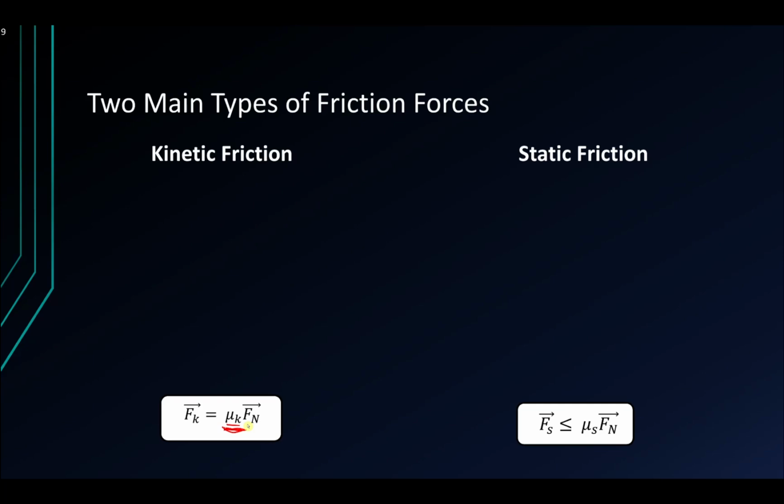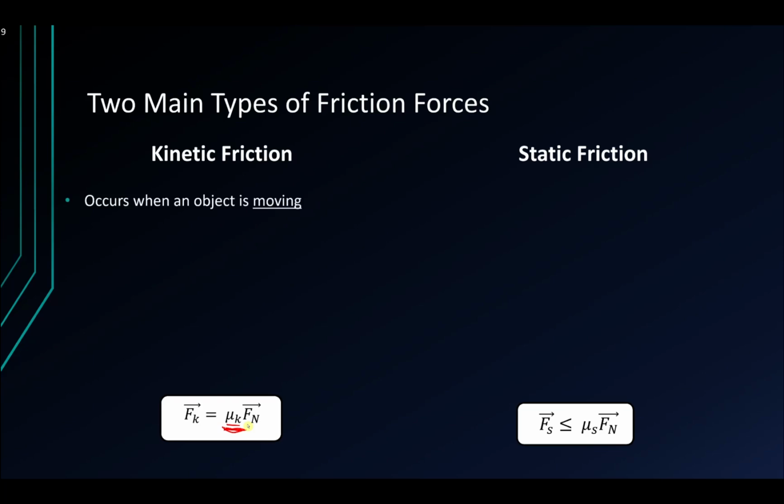Because the normal force is going to dictate the magnitude of the force that is getting these two objects in contact with each other. So if we have a large normal force, we're going to have a large force due to friction, and if we have a very small normal force, we will have a very small frictional force, scaled by the coefficient of kinetic friction.